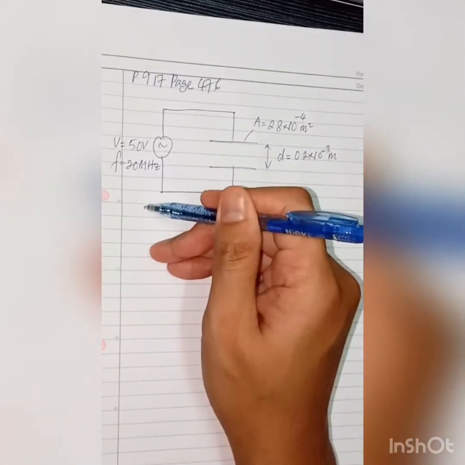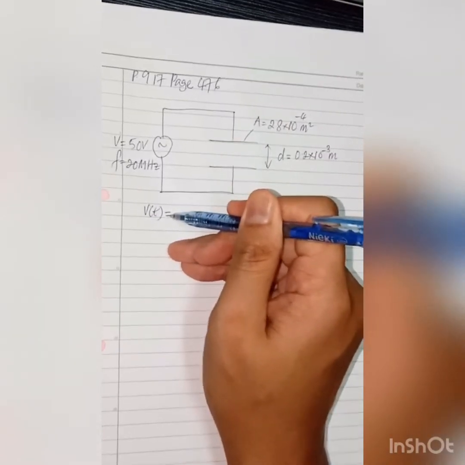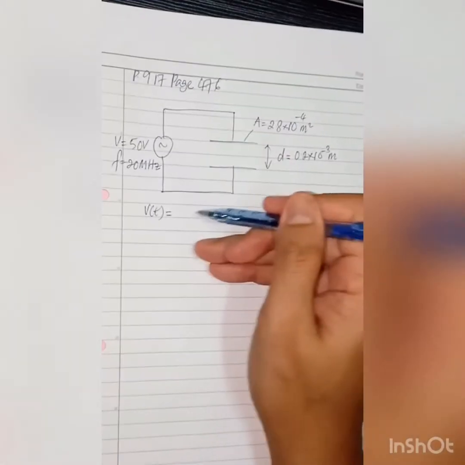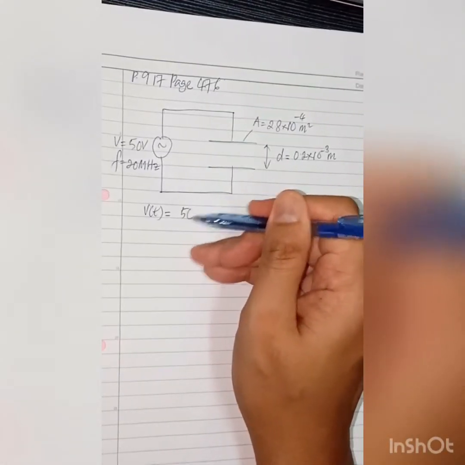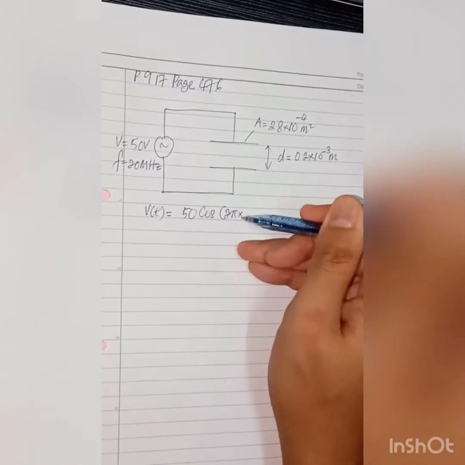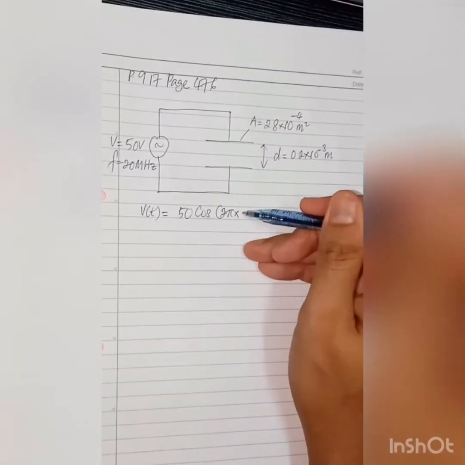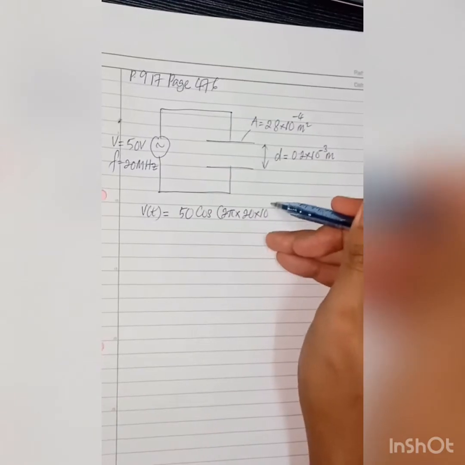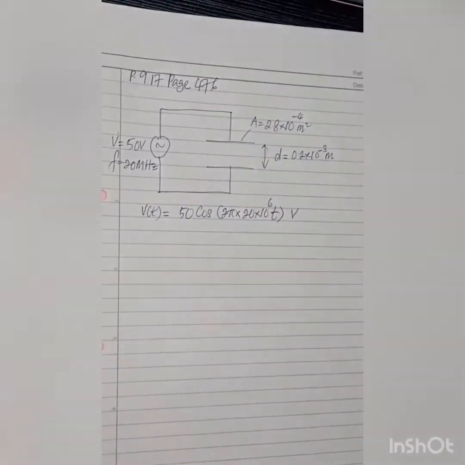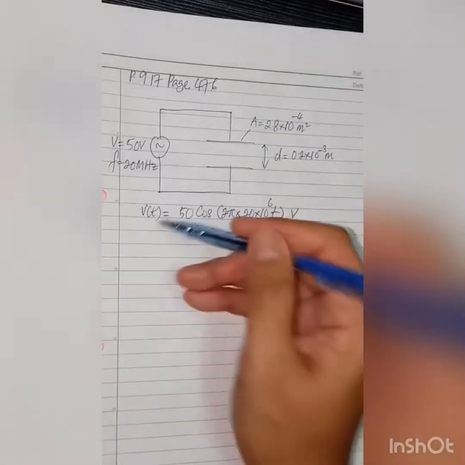Let's choose the cosine waveform. So now we're going to have 50 cos 2 pi times the frequency, equal to 20 times 10 to the power of 6, t volt. That's our time varying voltage generator, and now we are going to find the JD.